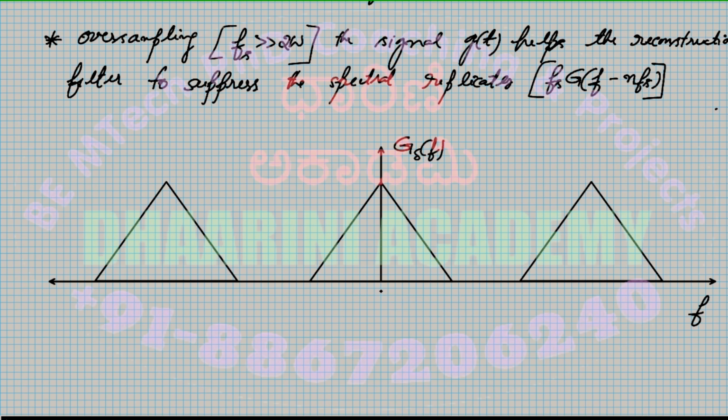The central frequency is 0. This is plus W. This will be minus W.